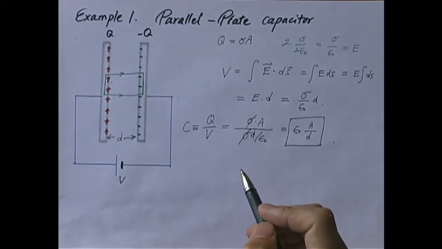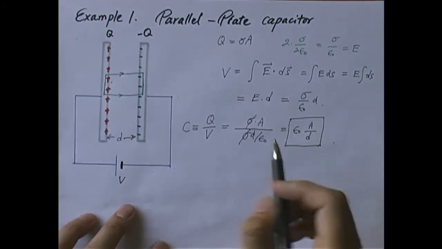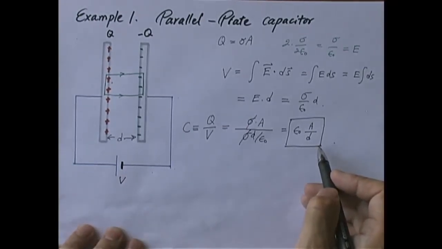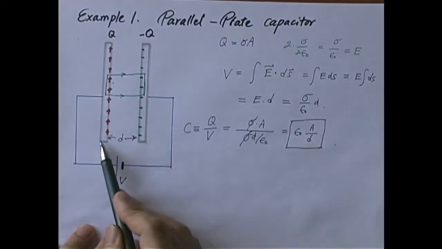As a matter of fact, even millifarad is relatively large. Okay, so this formula tells us that in order to increase the capacitance of a parallel plate capacitor, what we need to do is make the area greater. First of all, make the area greater, and secondly, put them closer together.